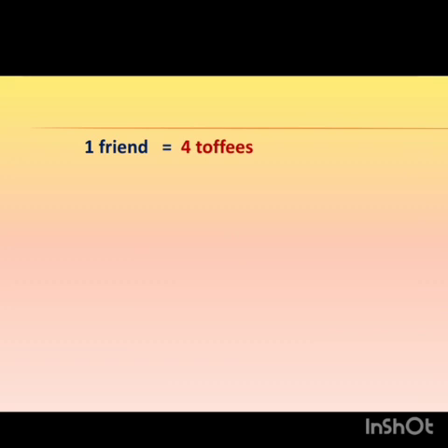So you know that I gave 4 toffees each to 4 of my friends. That means one friend is equal to 4 toffees. Now I have 4 friends, then 4 friends is equal to 4 multiplied by 4 toffees is equal to 16 toffees.